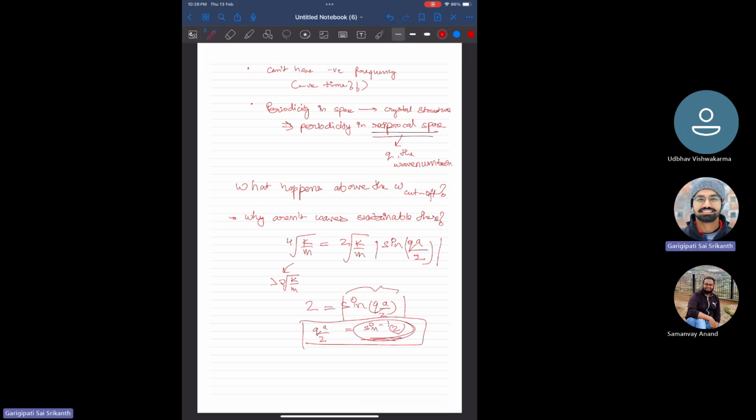So the sine inverse of 2 is going to be a complex number, because typically for real values sine is not greater than 1. Sine inverse of 2 will be a complex number. That means that your q will be a complex number. What does q being complex signify? Let's say q, the wave number, we can write as alpha plus i beta. Let's say this is the real part, this is the imaginary part of the complex number.